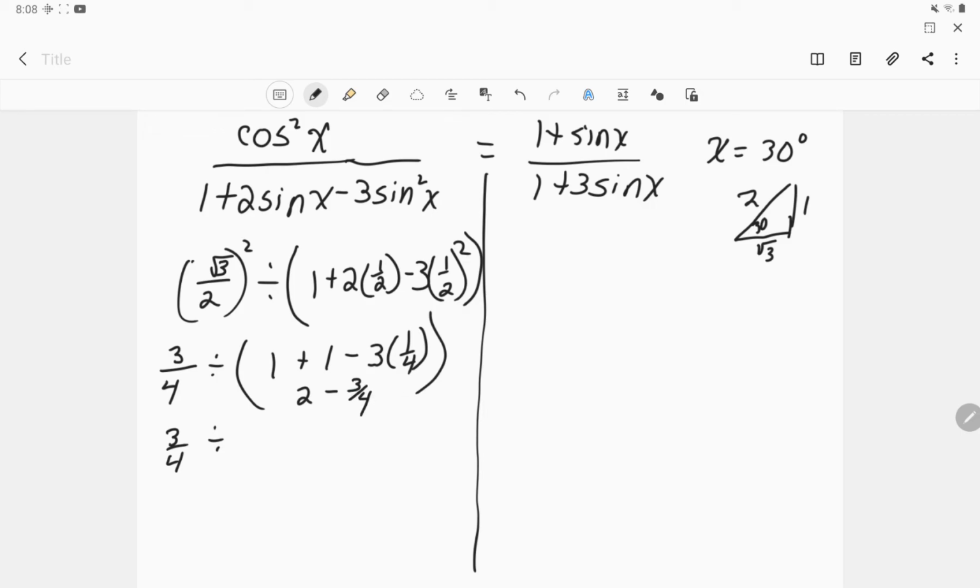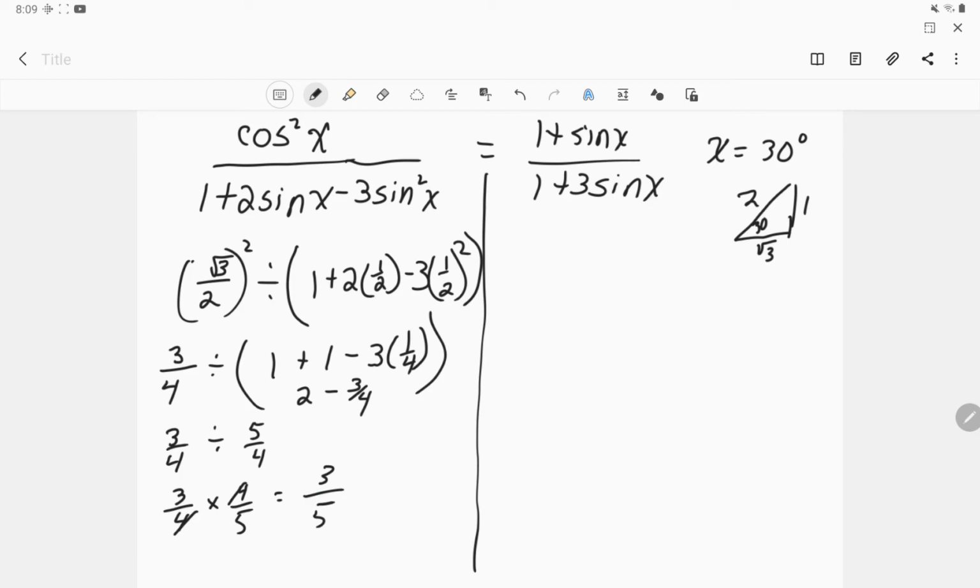So 2 minus 3 over 4 is 1 1/4, and 1 1/4 would be 5 over 4. So I think that's 5 over 4. So I have 3 over 4 divided by 5 over 4. So keep, switch, flip. 3 over 4 times 4 over 5. My 4's would cancel. And I end up with 3 over 5.